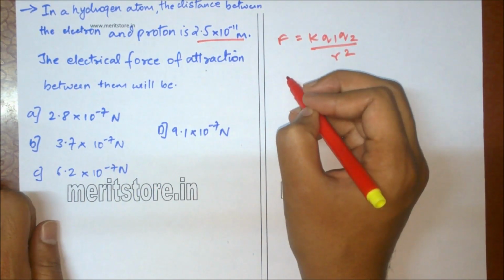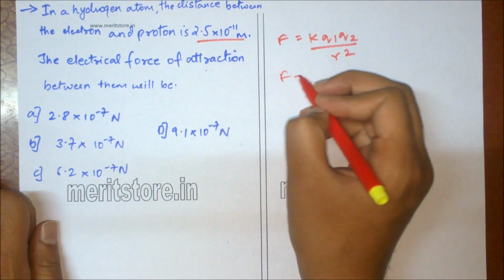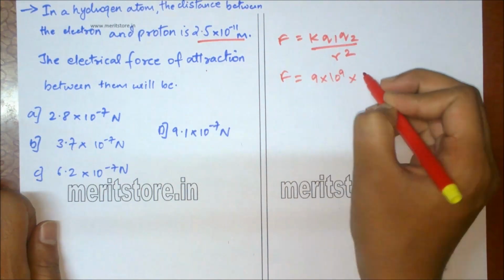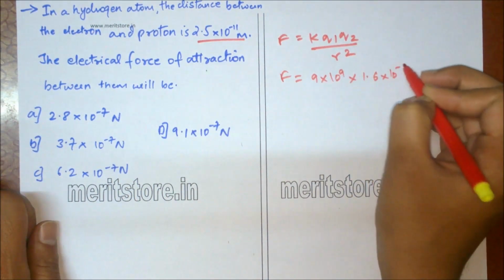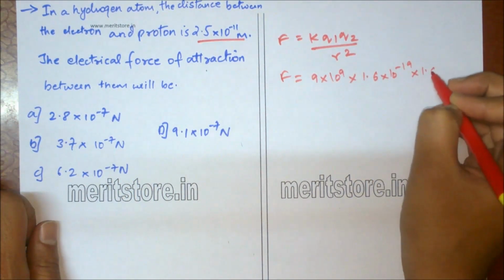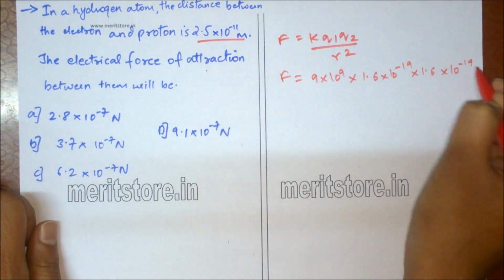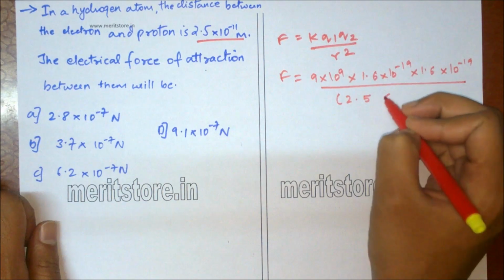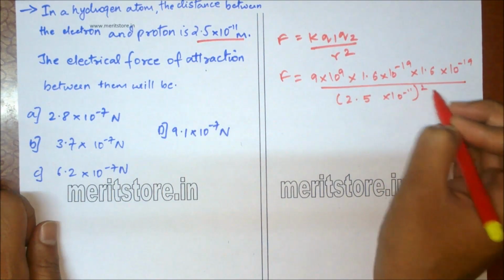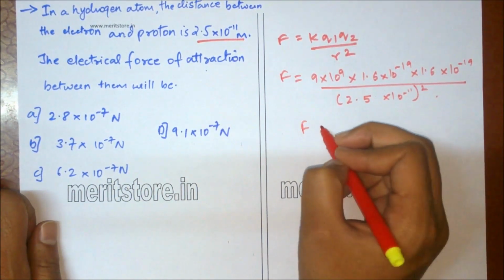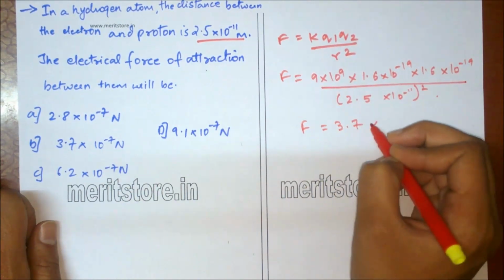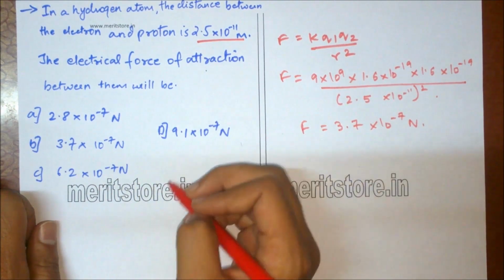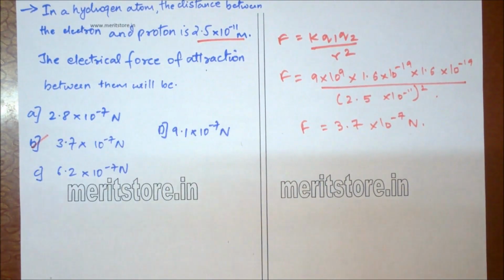On substituting the values, we get force is equal to K, which is constant, 9 into 10 raised to 9 into charge of one electron into charge of another electron, divided by distance 2.5 into 10 raised to minus 11 the whole square. On solving this, we get force is equal to 3.7 into 10 raised to minus 7 Newton. So option B is the correct answer.